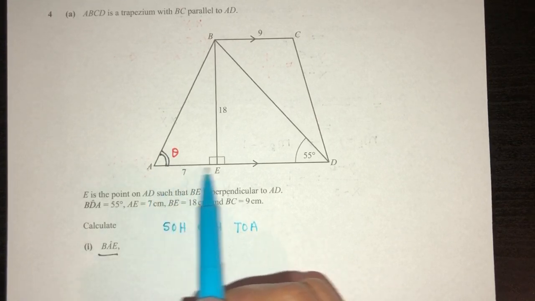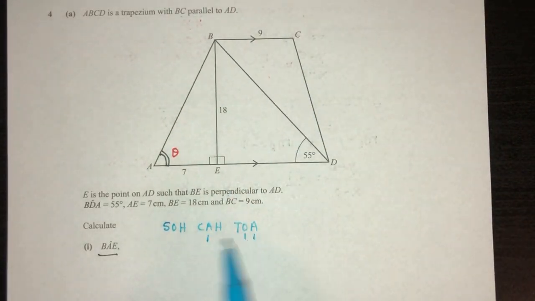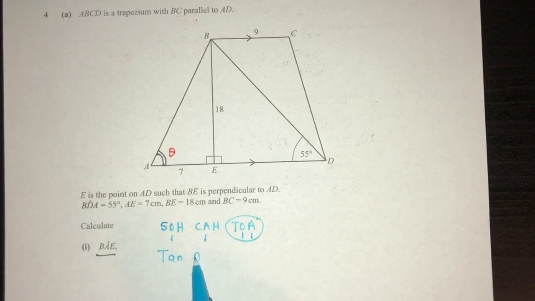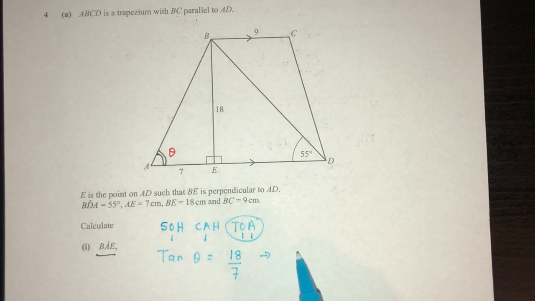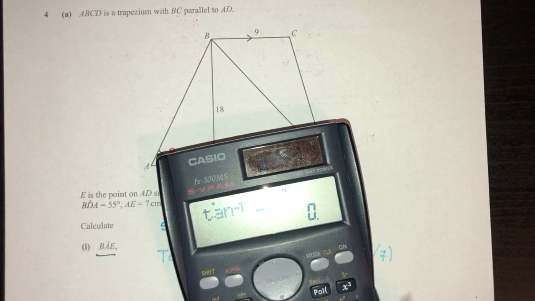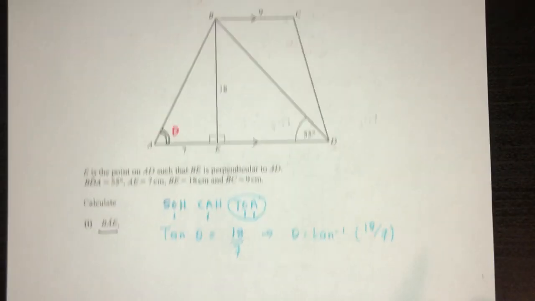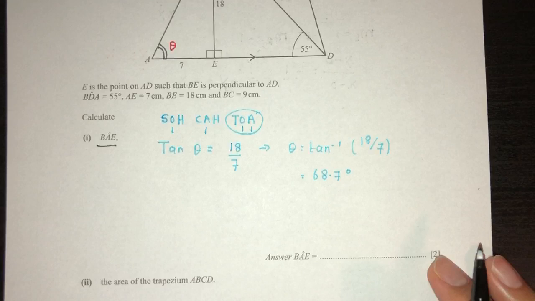Here we have this side called your adjacent side, so A and A. This one is your opposite side, so O and O. This one has the most ticks, so we have to use tan of the angle, which of course is defined by opposite side over adjacent side, which is 18 over 7. Now from this, theta will be tan inverse of 18 over 7. So let's find the value. That will be 68.7 degrees for your angle BAE.